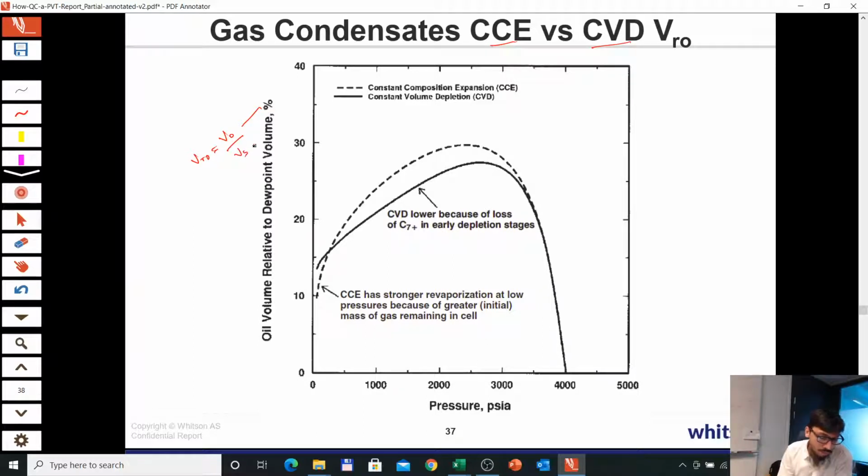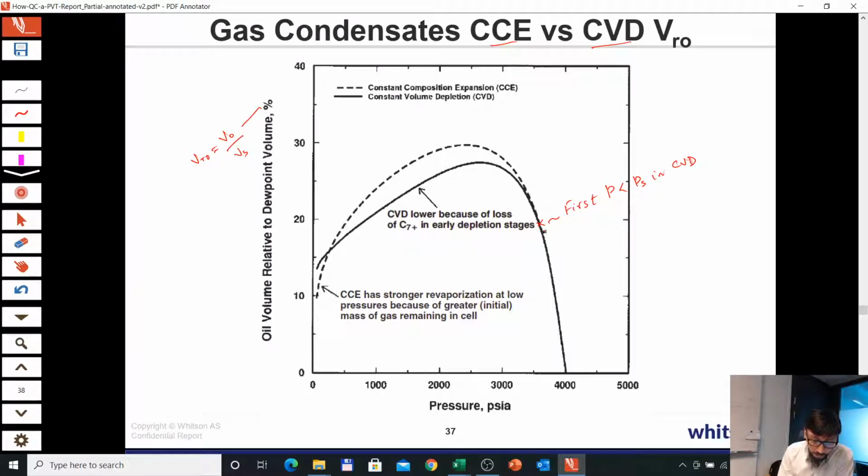If you have this kind of relative oil volume from CCE and CVD data, and if you plot that data, the first thing that you will find out is that until a particular pressure, which is the first depletion pressure below PSAT in CVD, so this would be the first pressure less than PSAT in CVD, the CCE and CVD VRO will be identical.